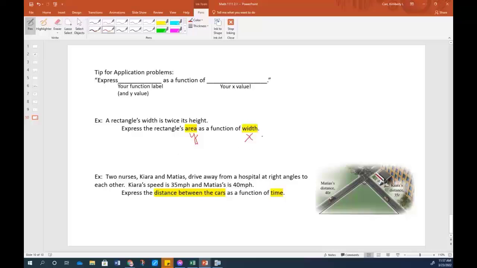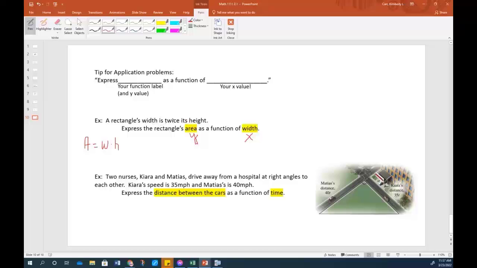That means my area, first of all, area is normally, for a rectangle, length times width, or in this case, width times height. But it says the width is twice the height.